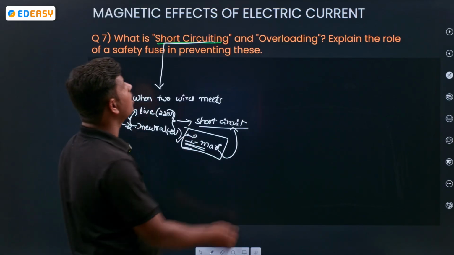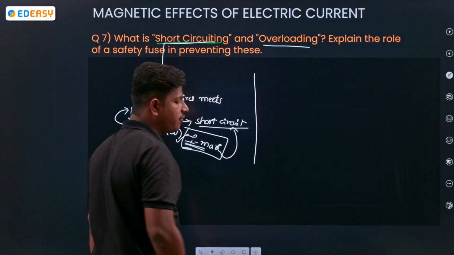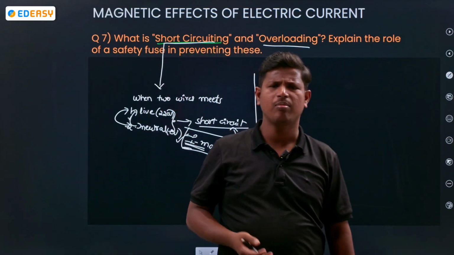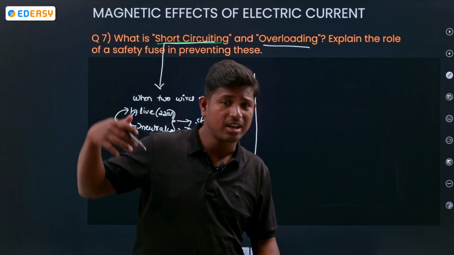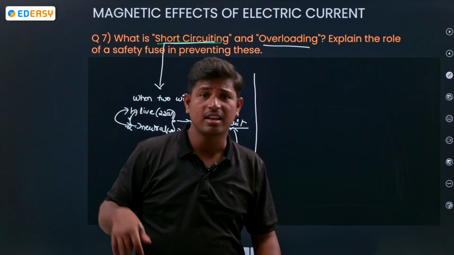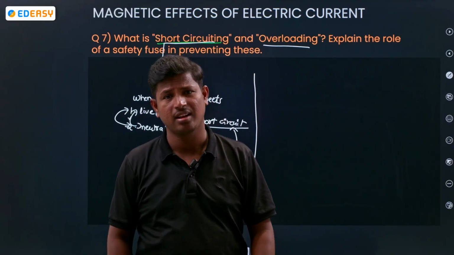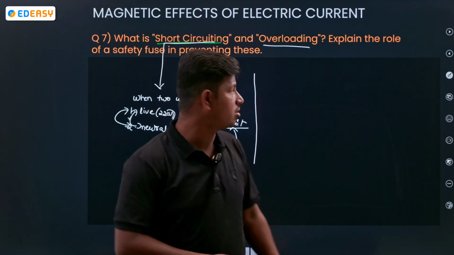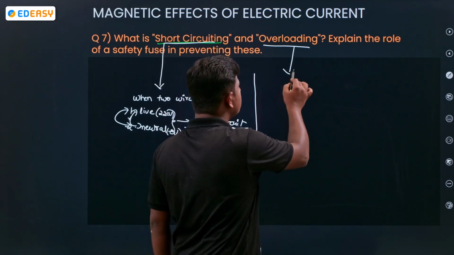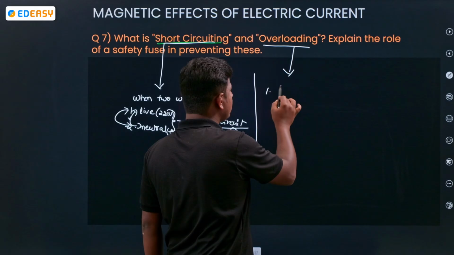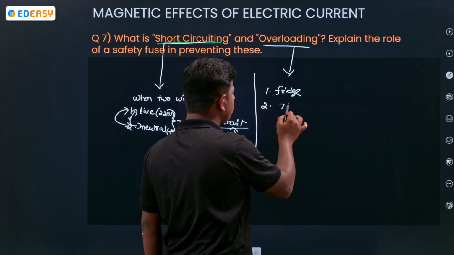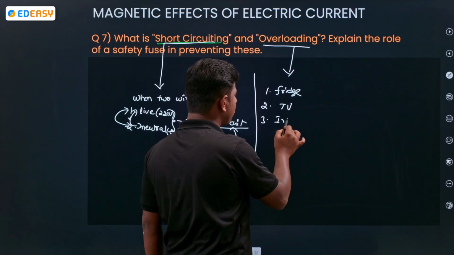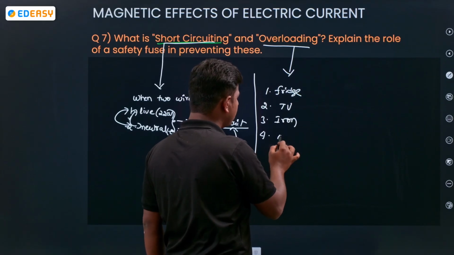Next, overloading. For example, I am able to manage 20 kg weight at a time. If I add one more 10 kg, it's not possible for me, right? I will fall down. So here also, overloading means I am connected to the fridge, the TV, the iron box, or other applications.